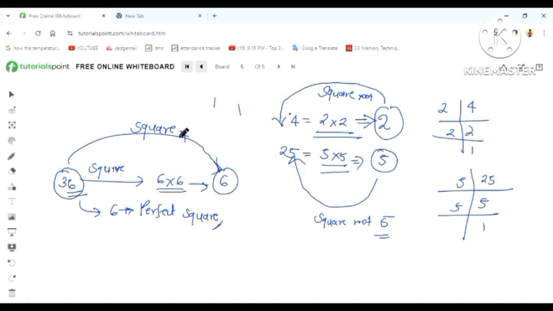That means the square root of 81 is 9. Okay, in this way you can understand. Now there is another method which is called the long division method, and lots of other rules are also there, but we will cover them in the next session.